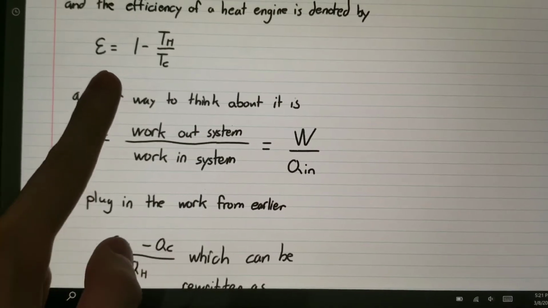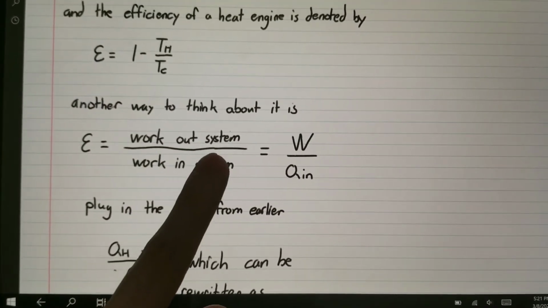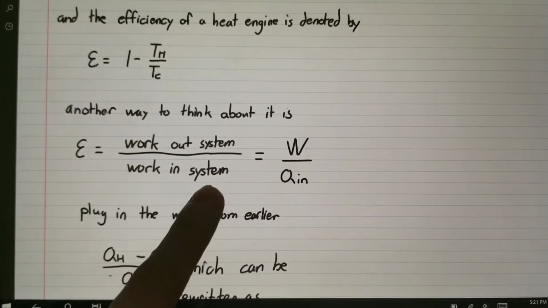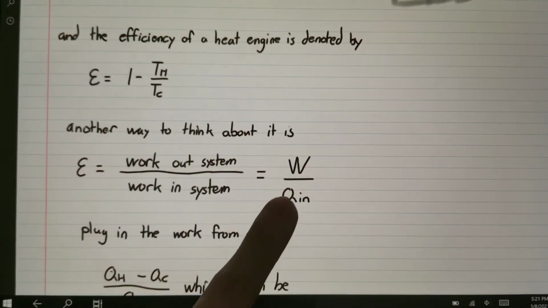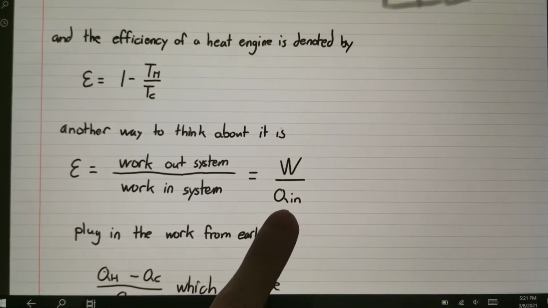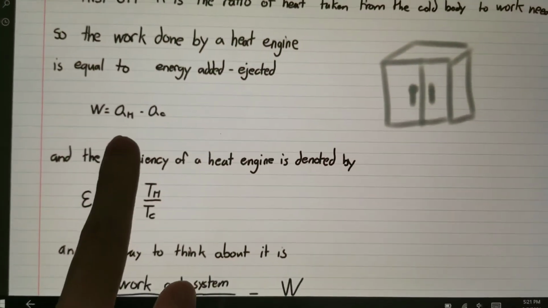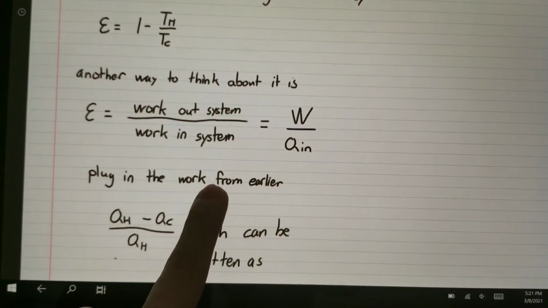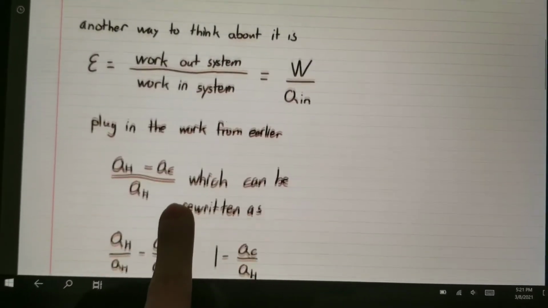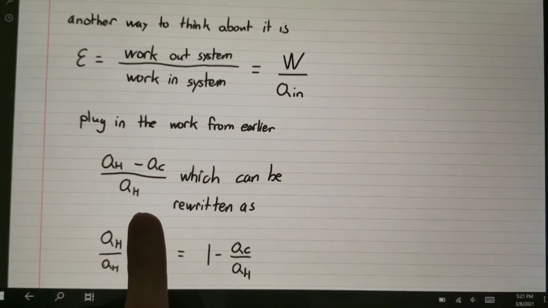Another way to think about E is work out of the system over work into the system, or rather W over Q in. And if we plug in the work from earlier, like I said we would, we ultimately end up with the equation QH minus QC all over QH.